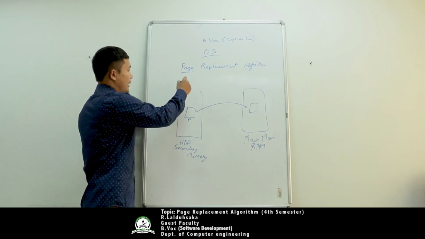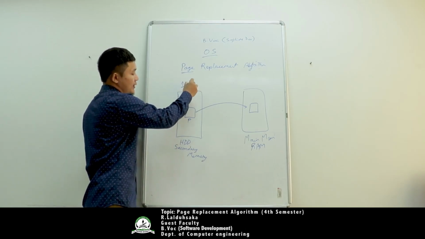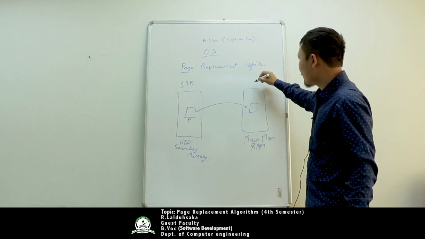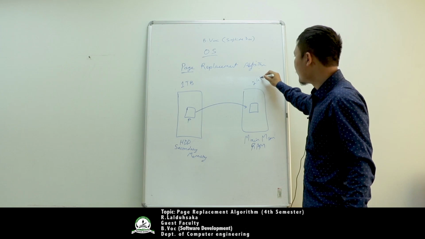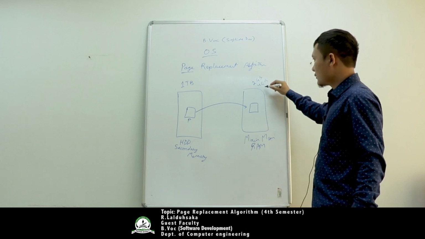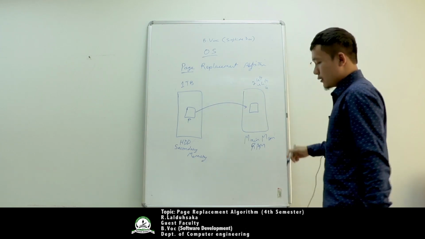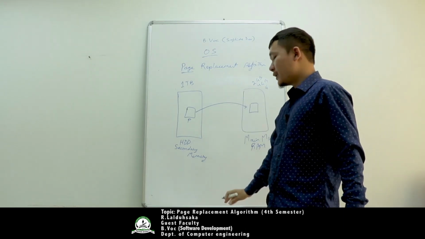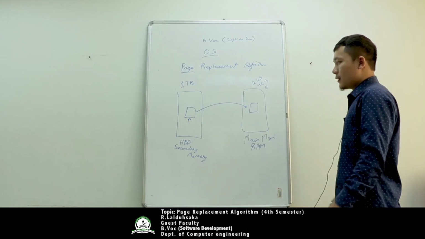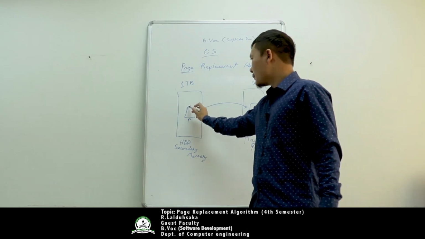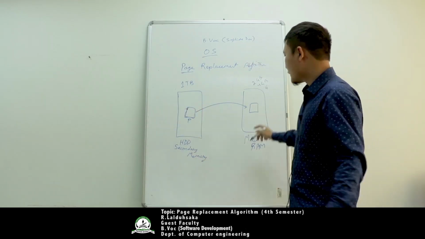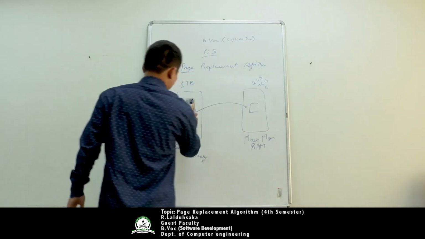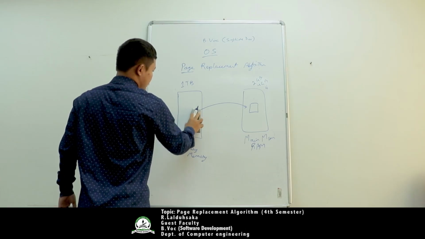The secondary memory may be, for example, 1 TB, while the main memory is very small, like 2 GB, 4 GB or 8 GB. The main memory is very small compared to the secondary memory, so it can happen that one process is larger than the whole main memory.